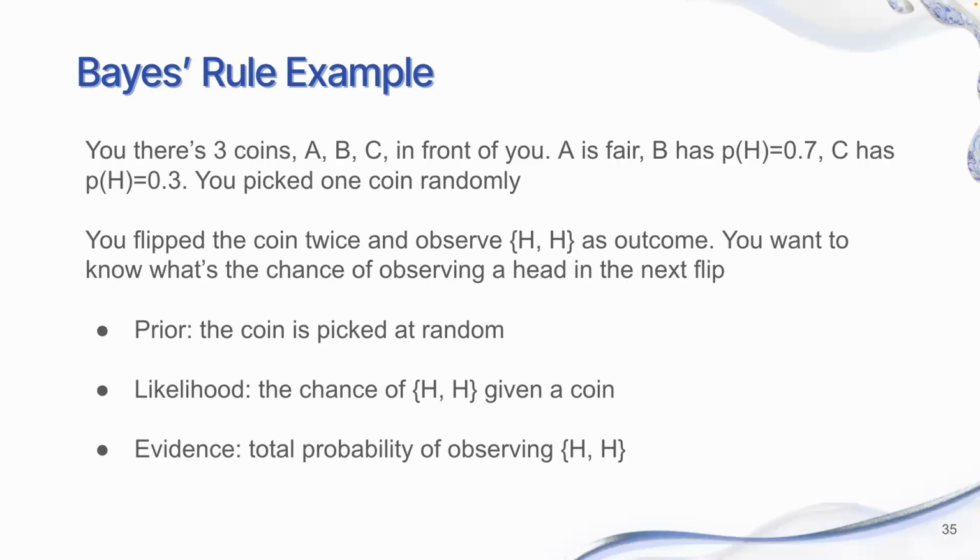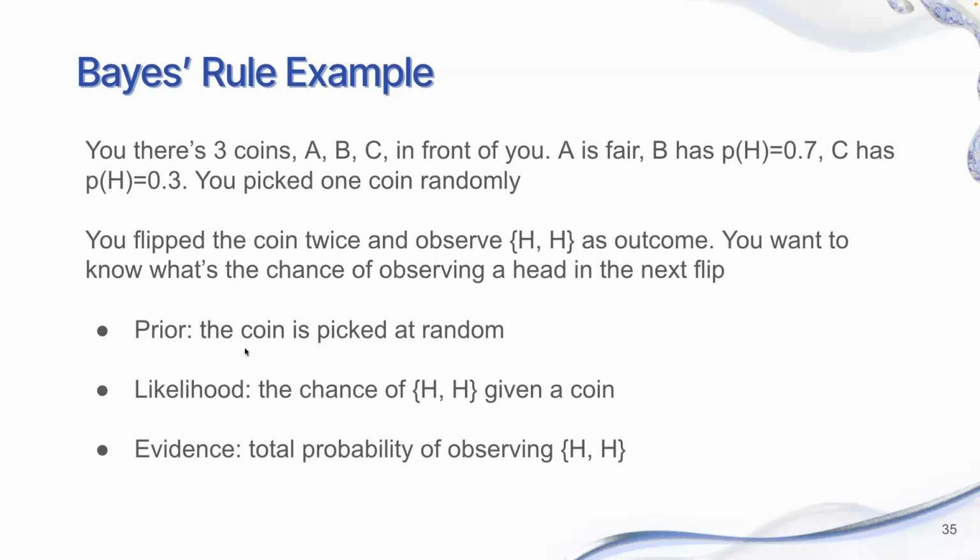You flip the coin twice, and you observe 2 heads in a row. And you want to know the chance of observing another head in the next flip. Okay, is this problem clear to everyone? Hopefully it's easy.